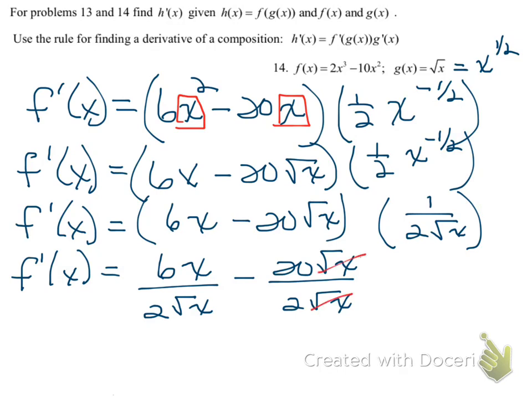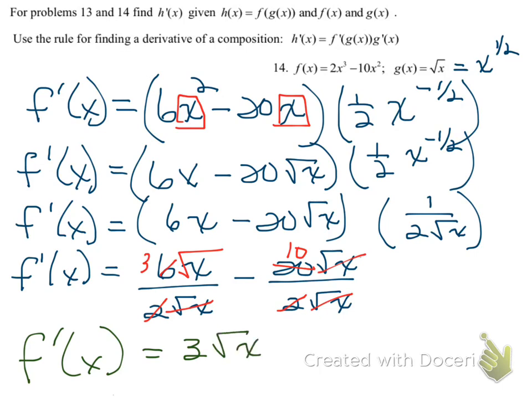These are going to cancel. 2 is going to go into 20 10 times. 2 goes into 6 3 times. Look what's going to happen here. The denominator is gone, and this is going to be radical x up here. So that's my final form. Let's just write this over so we can see what we actually have now. So f prime of x is going to equal 3 times radical x minus 10.